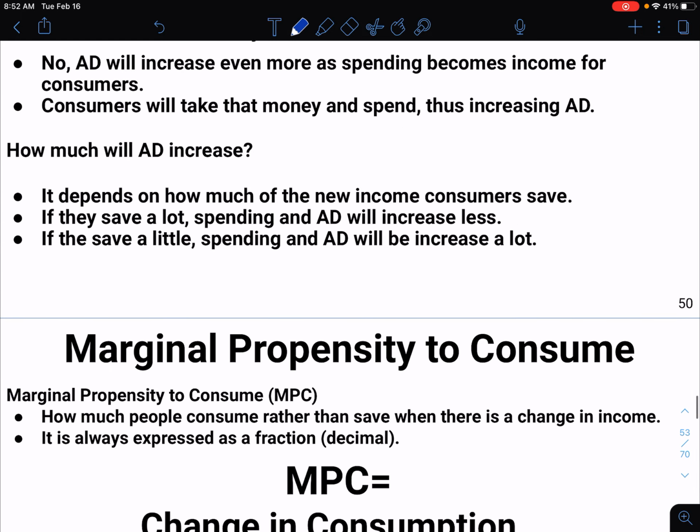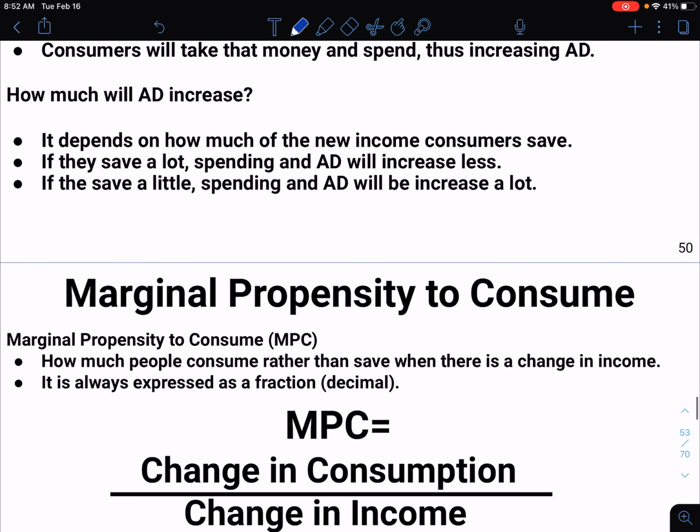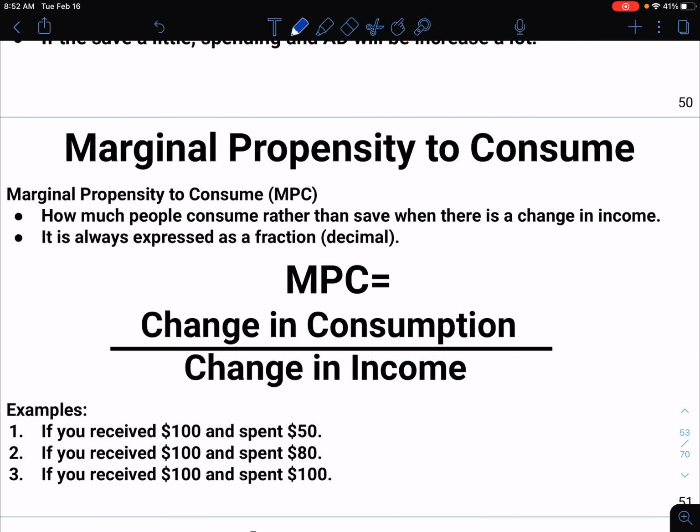So the other thing is we know that not everybody spends every dollar that they have. So what we talk about is what's called the marginal propensity to consume. Okay, so it's marginal, which we know is going to be about changes.